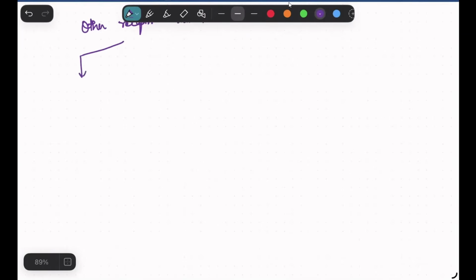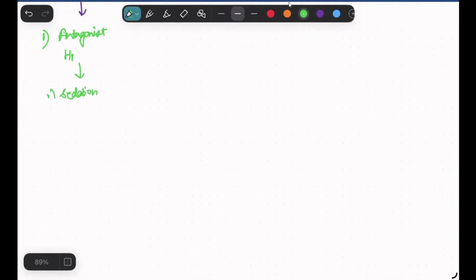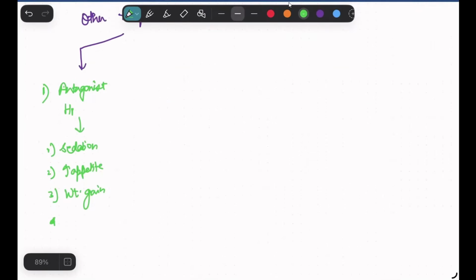We'll be discussing each receptor one at a time and what its implications are. First, it shows antagonist activity at H1 receptors. So, friends, what happens by H1 receptor antagonism? Sedation, important point. Second is increase in the appetite. Third is weight gain. Okay, clear?